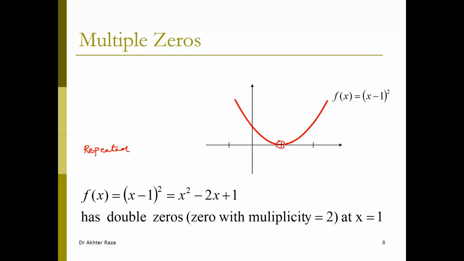This is the origin, at which we have two solutions. One is x is equal to 1, and the other is also x is equal to 1. So these are not two distinct roots. This is a root which is repeated twice.